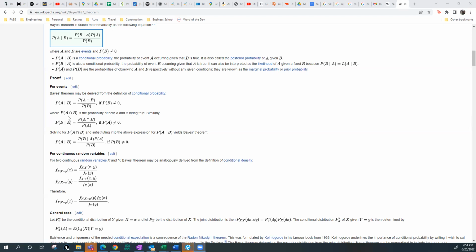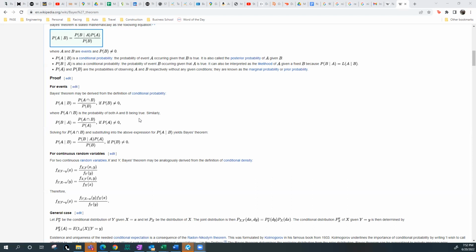And then here, probability of A and B is the probability of both A and B being true. So I guess this is like a simpler way of noting it. Plus, you don't really have this on the keyboard to type in. So he didn't explain it well to me.